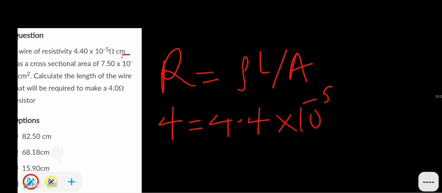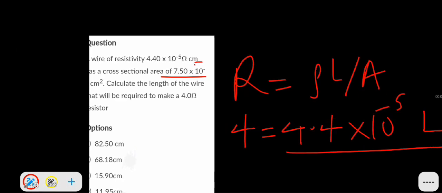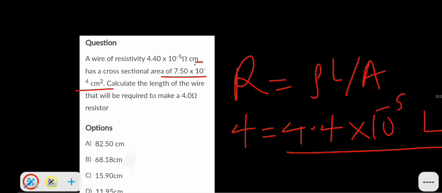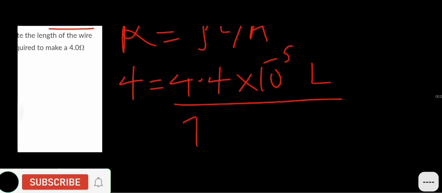Okay, you're looking for the length. You don't know the length, just write L. You're dividing by the area. The area is 7.5 times 10 to the power minus 4. So put it underneath here. 7.5.